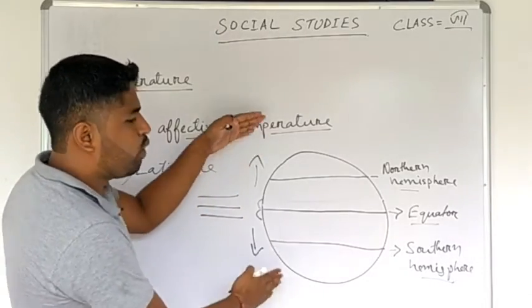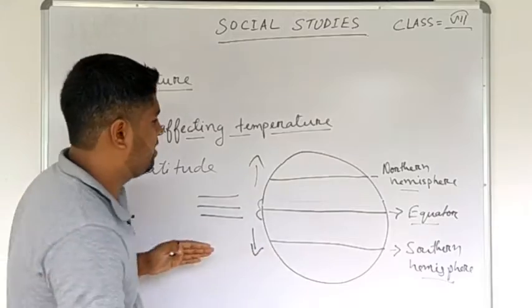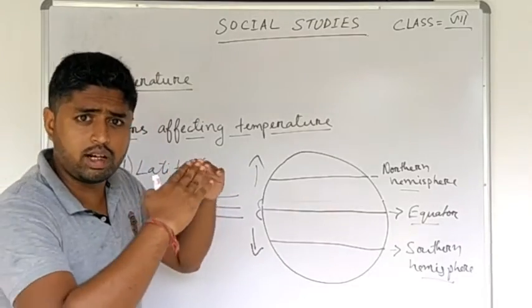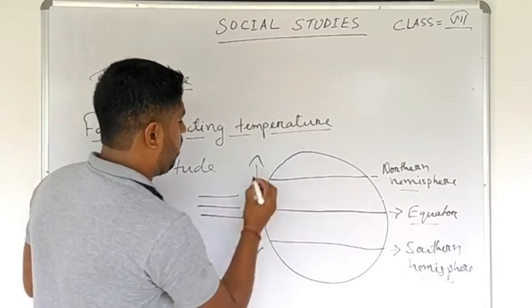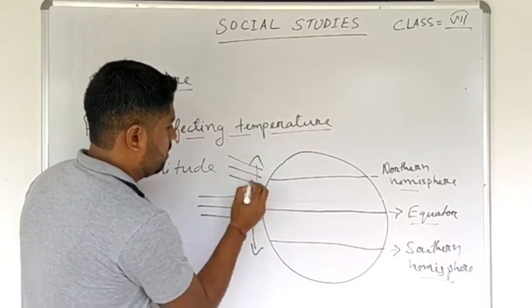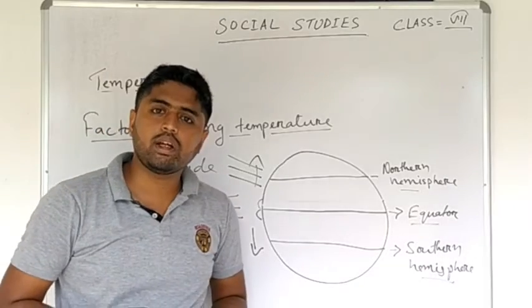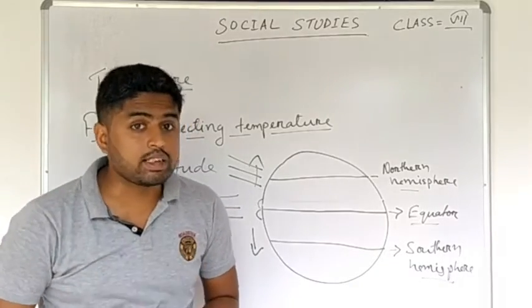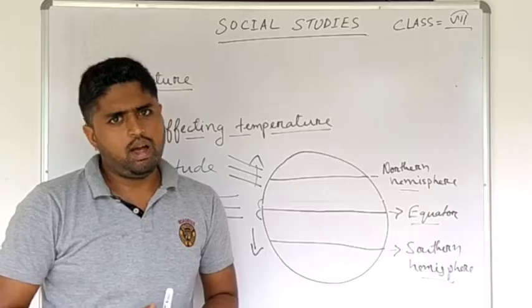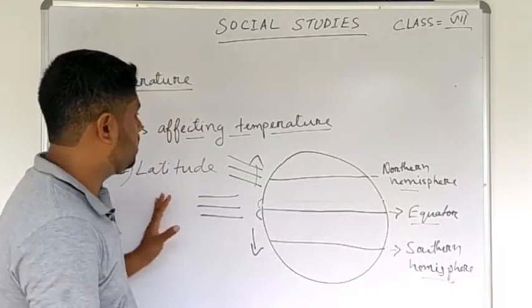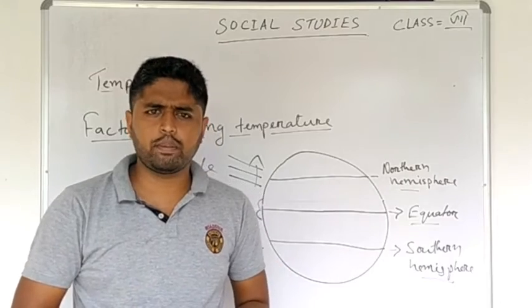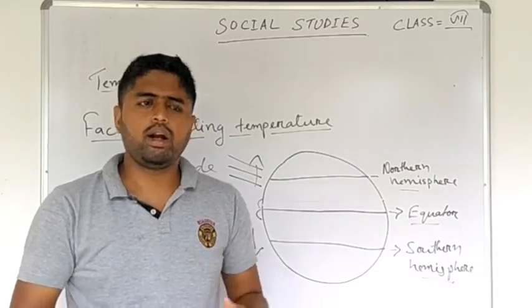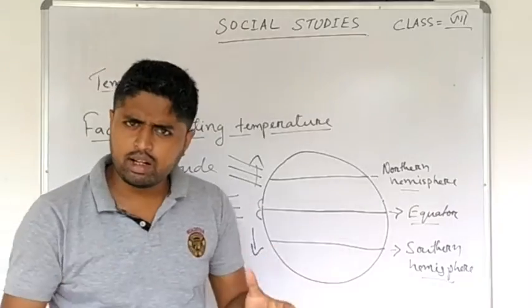And the more you go outside, the sun rays fall slanting. The sun rays will fall like this, which means the heat will be lesser. I hope you have understood how latitude affects the temperature. Next, we shall be discussing the other factors which affect it.